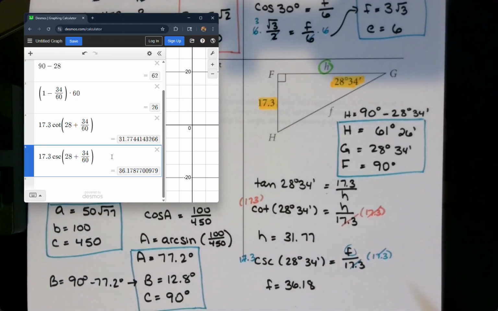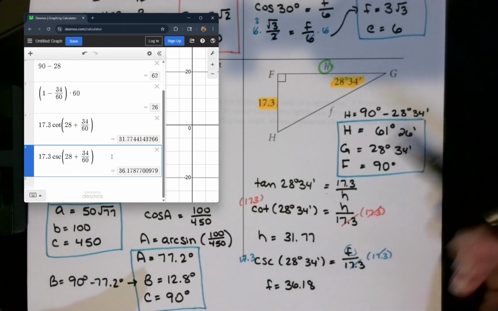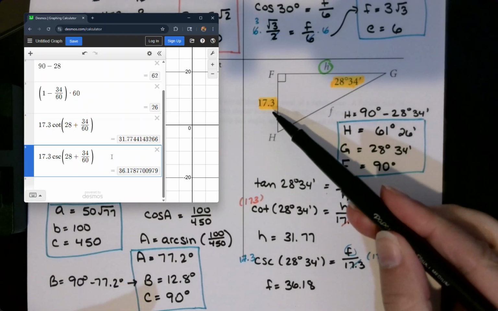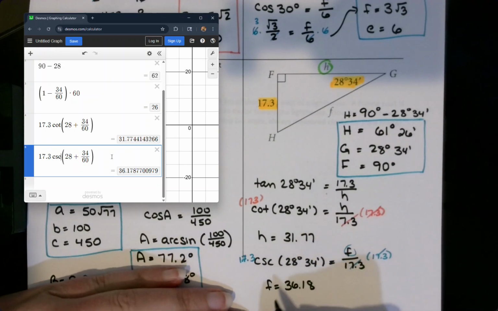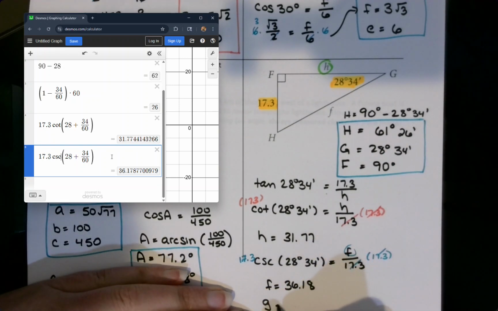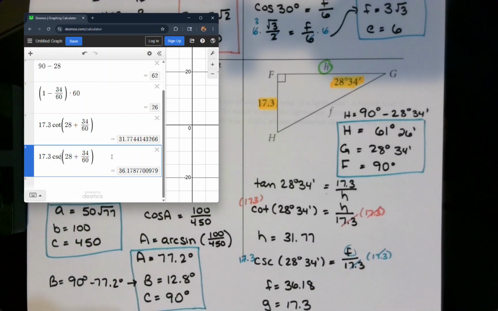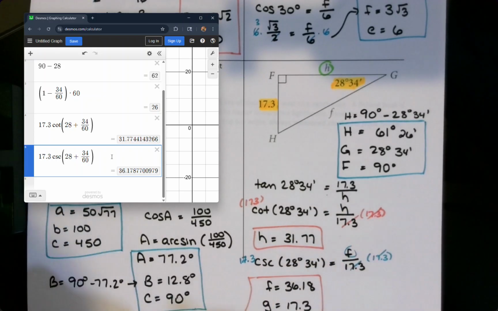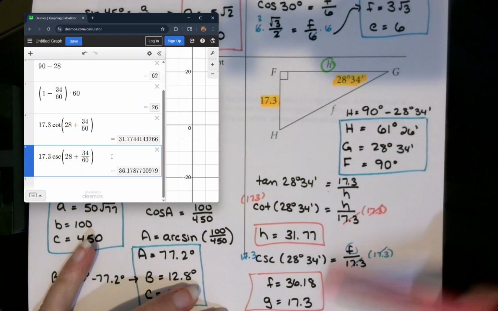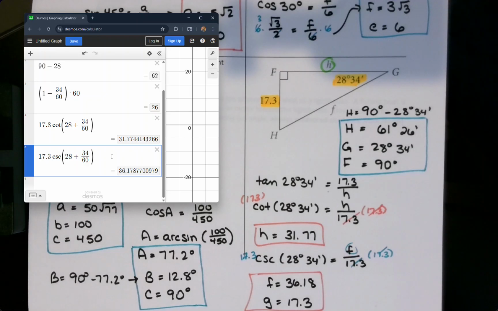Now, as far as rounding on here, I did keep two places. Looking back up at the original, it looks like the significant figures here would have been to one place. If I had rounded those to one place, that would have been fine. I've got my H value, my F value, and my G value, which I know was 17.3. So we've got H, F, and G, all three sides, all three angles, so our triangle has been solved.